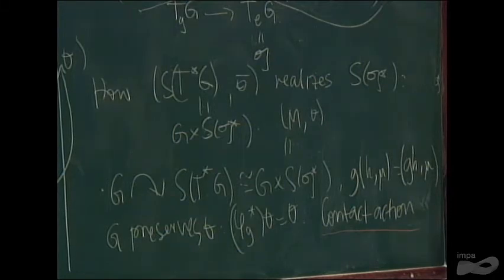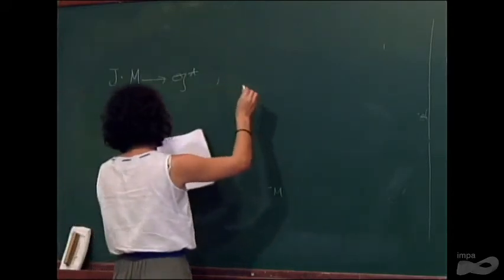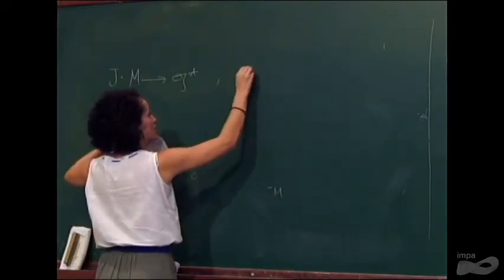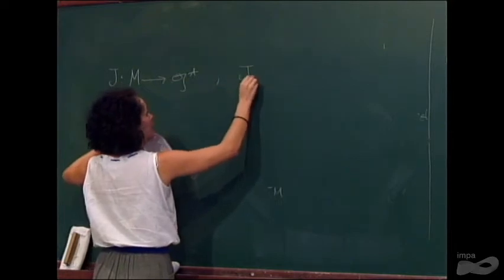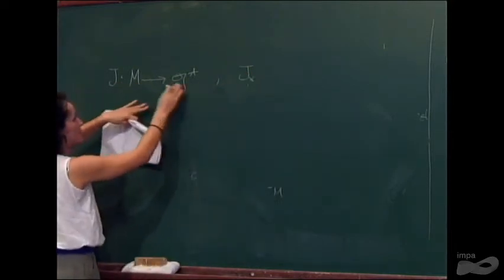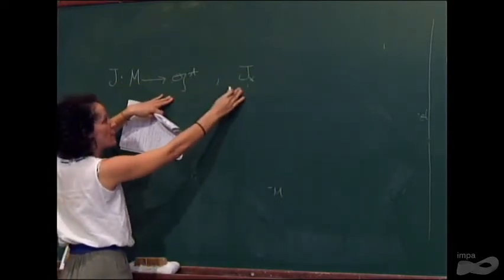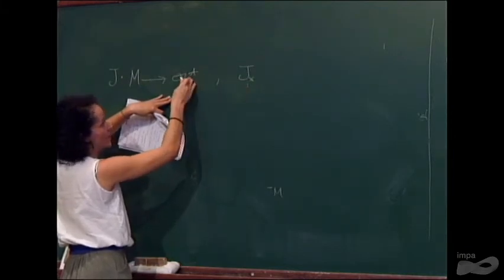Okay, so you get a moment map, which is a map from M to the dual of the Lie algebra of G. And this moment map is defined as follows. So J at x, a point here, gives a map from G to R, since it's an element of G star.